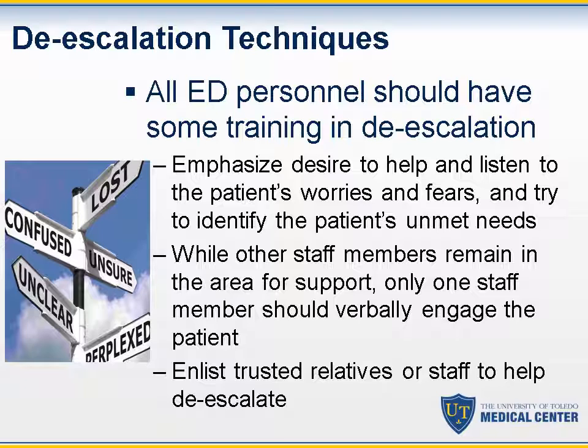So we want to make sure that we are not escalating that behavior, and that we are not perceived as a threat to the patient. While there may be other staff members there, really only one staff member should be engaging the patient. We should entrust relatives or staff to help if needed to de-escalate the situation.